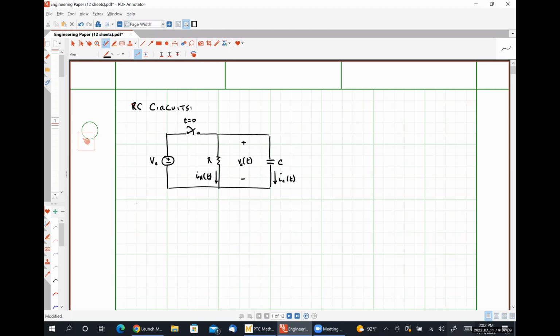So for all time less than 0 minus, our circuit is at DC steady state.